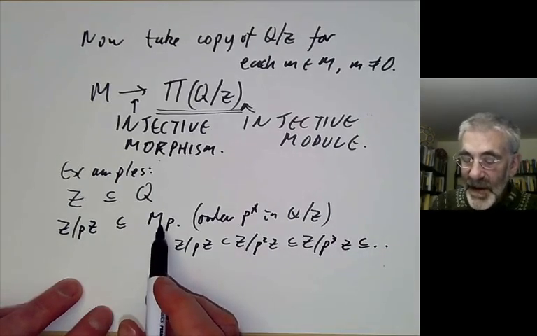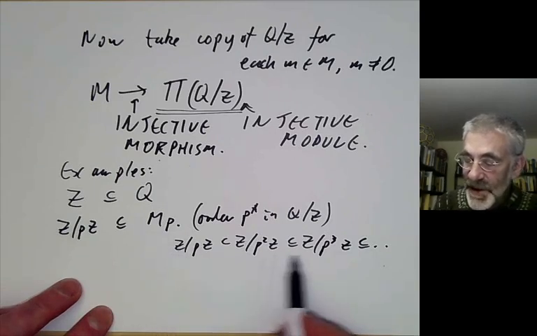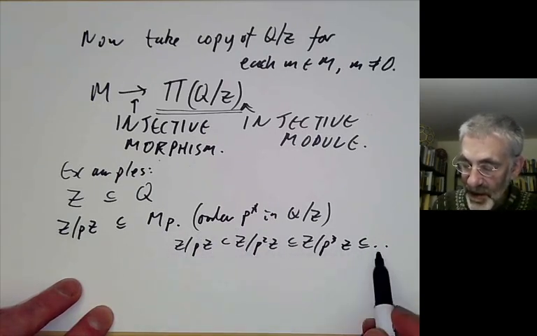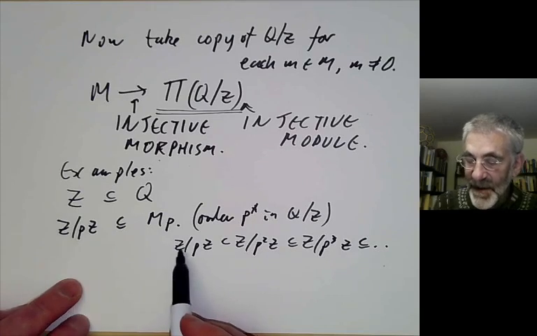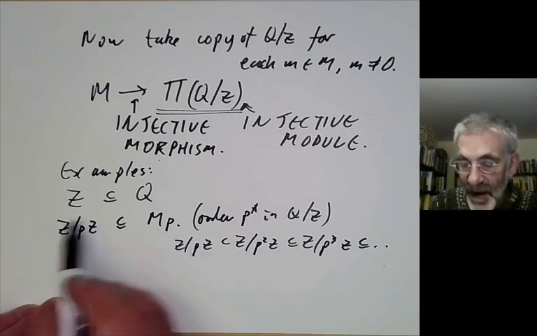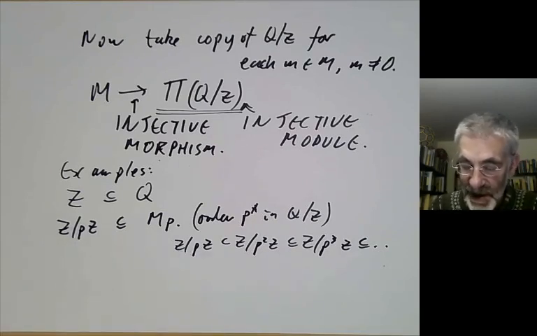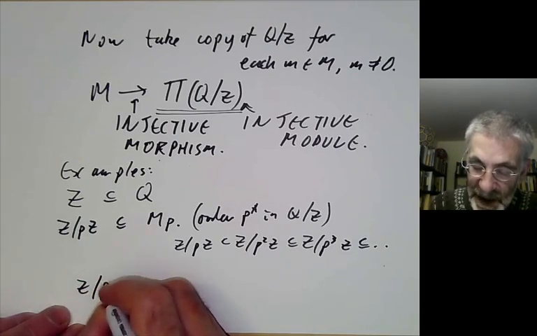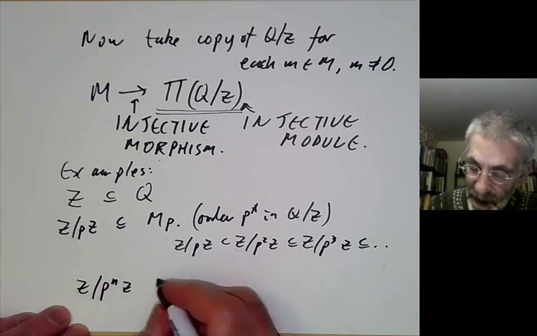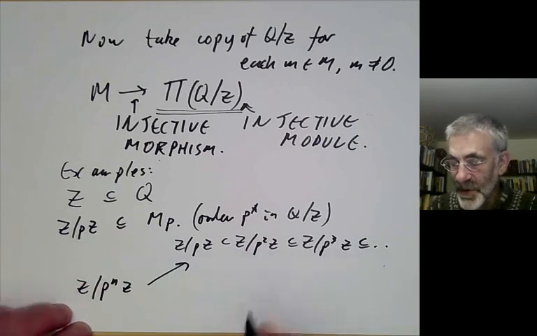So this injective module is an increasing union of finite cyclic groups. And in fact, it's the smallest injective module containing Z/pZ. And similarly, Z/p^nZ is also contained in this module here.